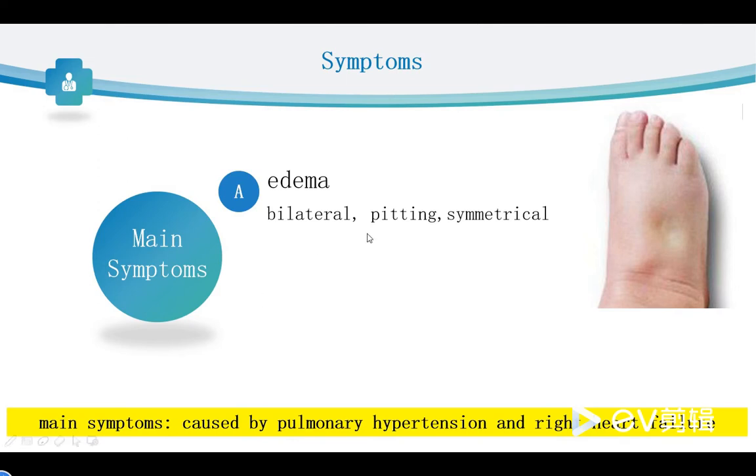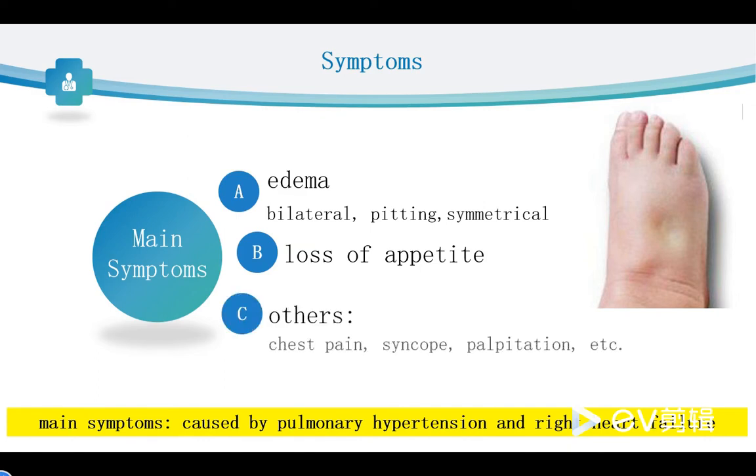And whether the edema is pitting or not. Those are the characteristics of the edema. Another symptom is loss of appetite. These two symptoms are caused by congestion of the systemic venous system.